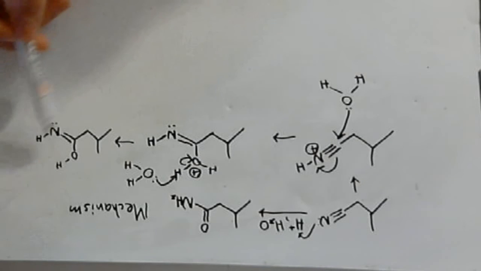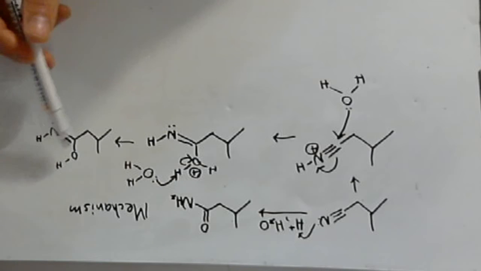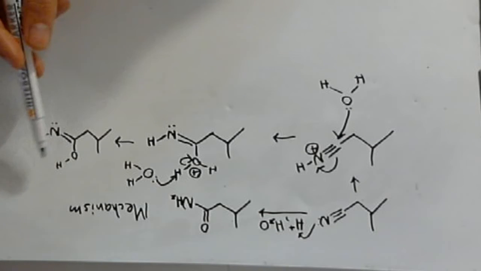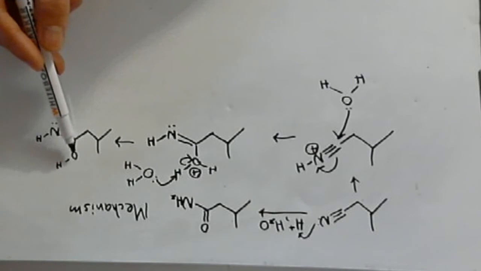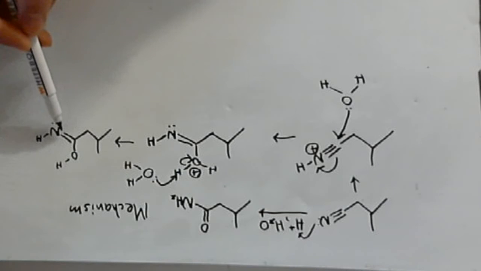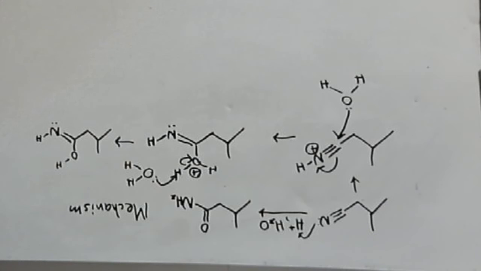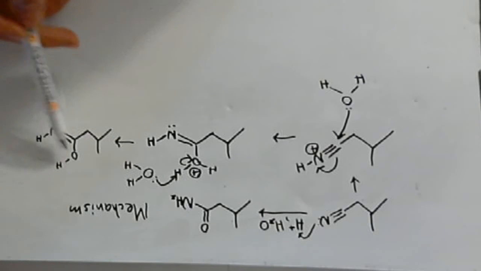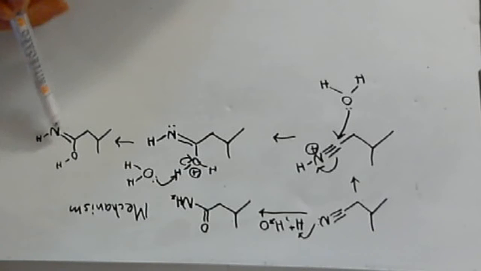Well, if you look at this molecule, especially this part where we have all our functional groups going on, we see we have an OH and a double bond right there. That should remind you a little bit of something you've probably seen before. It should remind you of an enol, right? You have an alcohol group and this double bond right here. But instead of being bonded to the carbon, now it's bonded to the nitrogen.